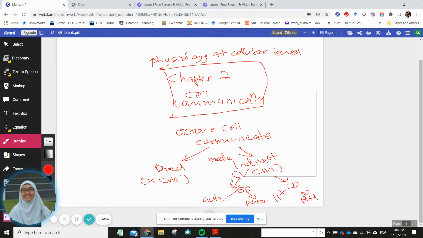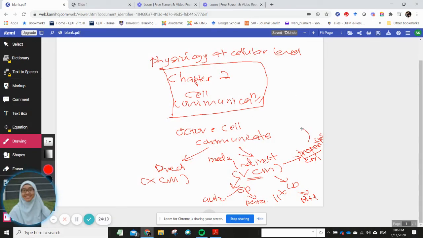So we already talked about chemical messengers, right? Eventually for the chemical messenger, we need to know its properties.